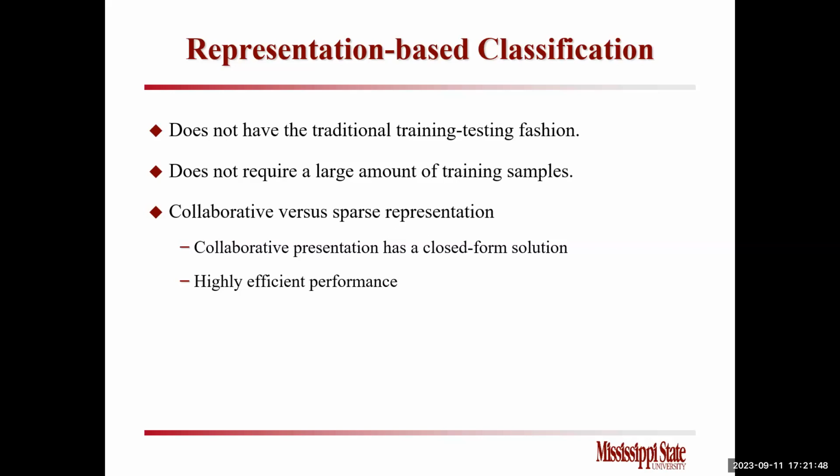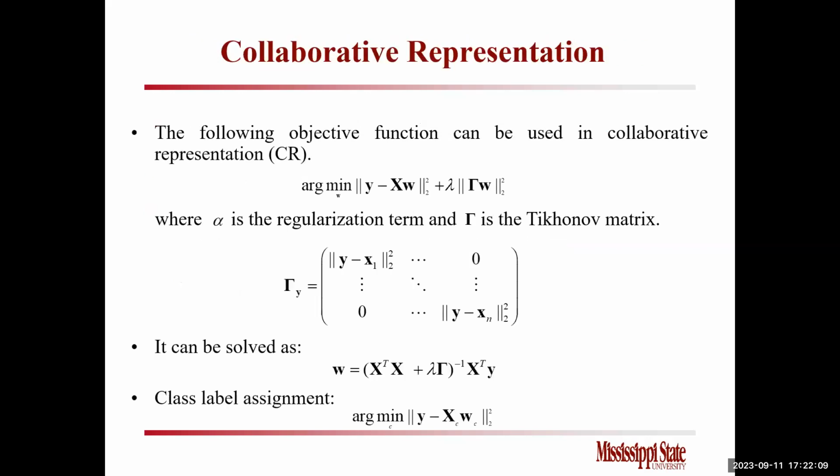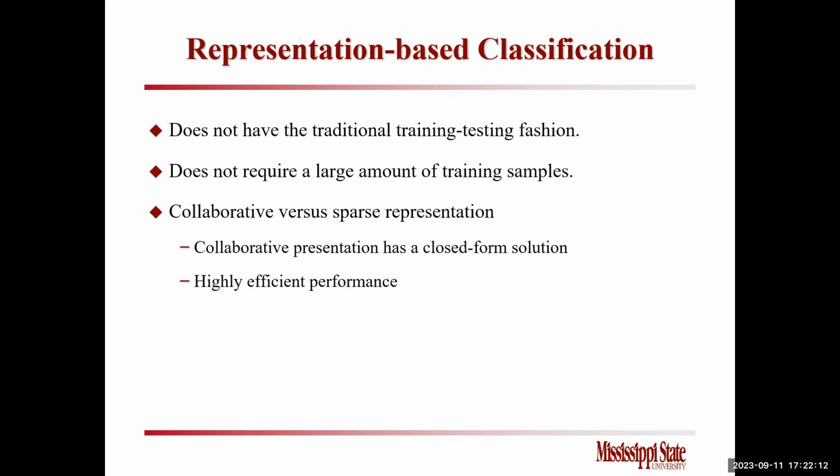So here I'm not going to talk about any deep learning stuff. I will talk about some representation-based classification. This is something we started several years ago. I think it is pretty interesting because this type of classification does not have the traditional training-testing fashion, and it does not require a large amount of training samples.